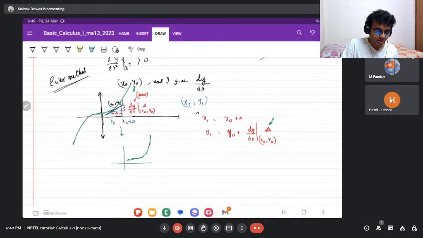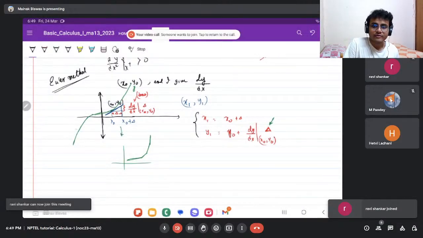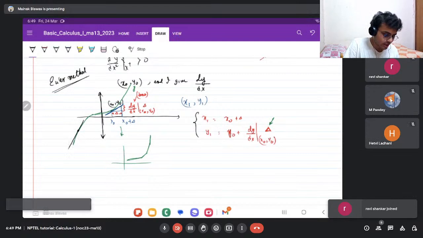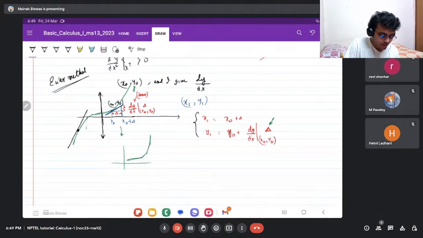Now, if I was on this side of the curve, the Euler method would shoot me off. So this is your x plus delta. This is dy dx into delta, right? So let's take x prime 0 and y prime 0. So you would overshoot the curve. Agreed?